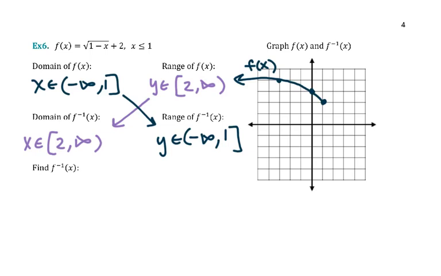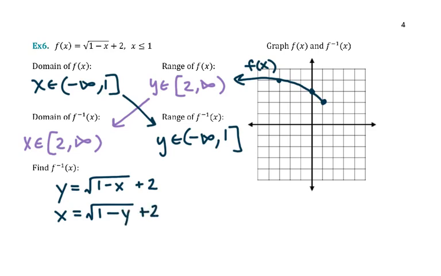Finding the inverse, we replace f of x with y. We interchange x and y. We switch x and y. And then we isolate, solve for y. So I've got x minus 2 is the square root of 1 minus y.